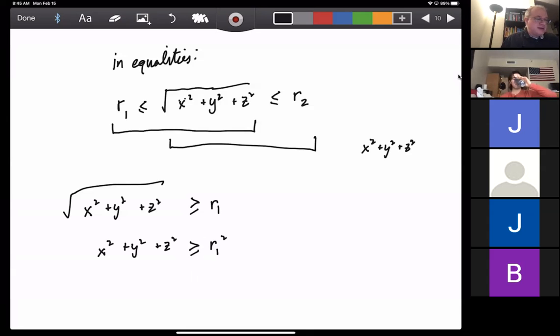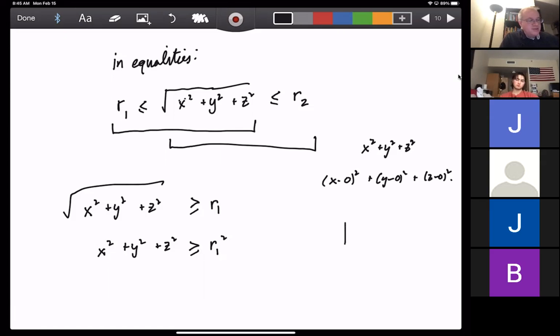That's the same as x minus 0 squared plus y minus 0 squared plus z minus 0 squared. So that's the distance from point xyz to the point with coordinate 0, 0, 0, which is the origin. So this is distance from the origin has to be bigger than R1.